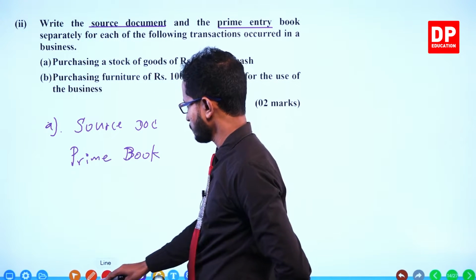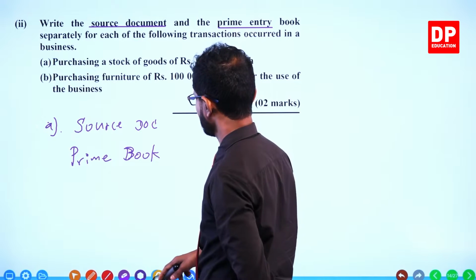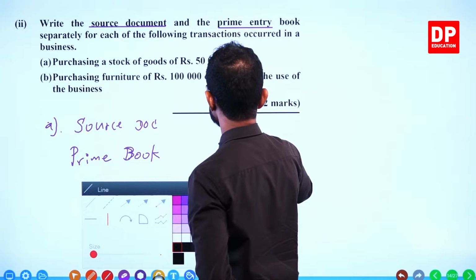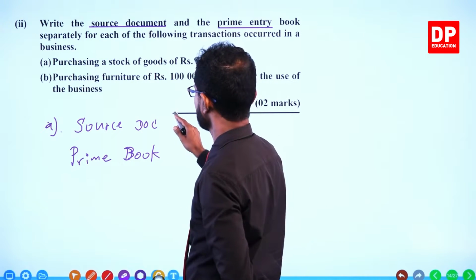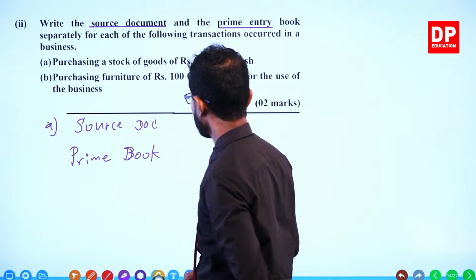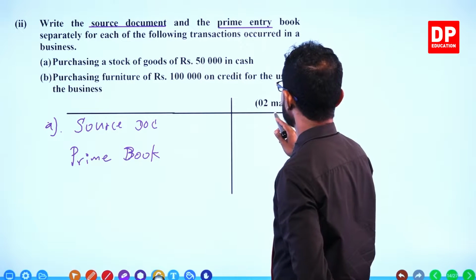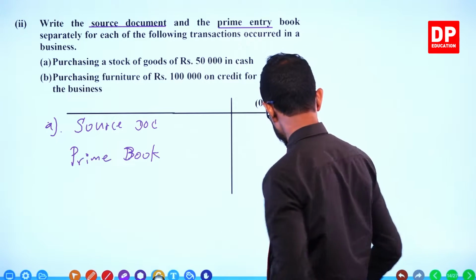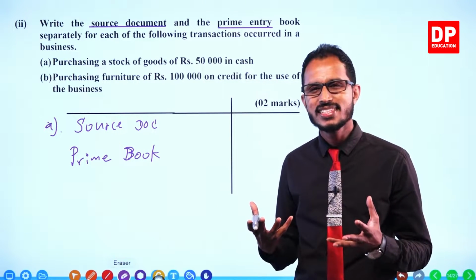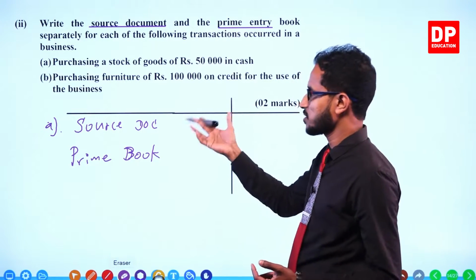First transaction. I know it's not really necessary, but it's good if you can use a format like this. It gives you a better, organized way to answer such a question.